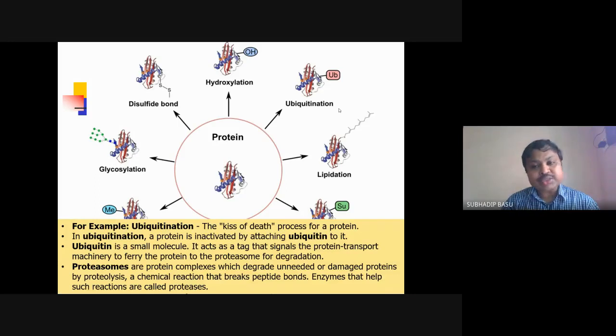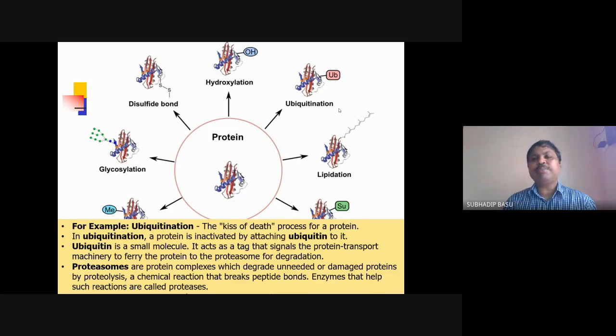And that process of addition or deletion of something is called post-translational modification. When you have the translation, you have the final protein. So post-translation, there are several modifications within the protein, and that actually mediates the protein dynamics.